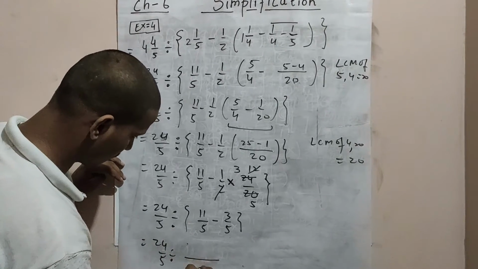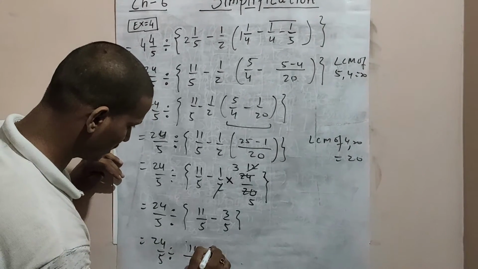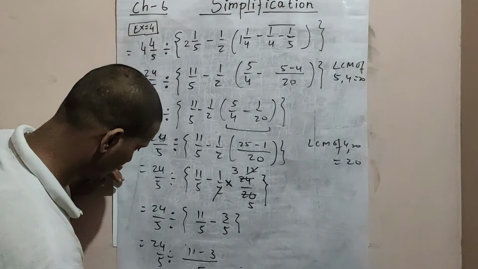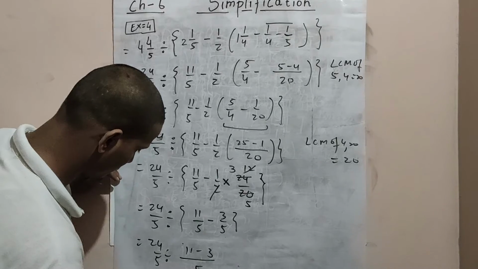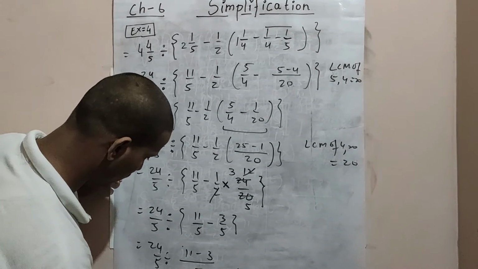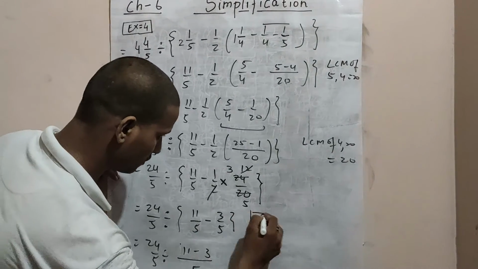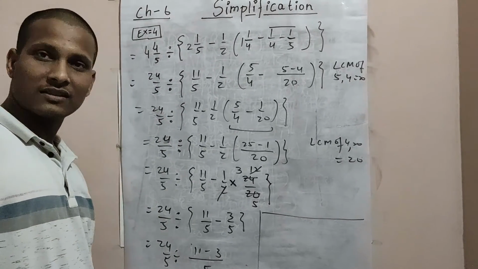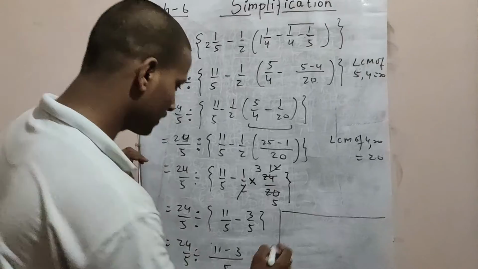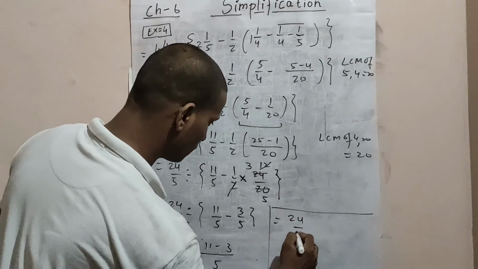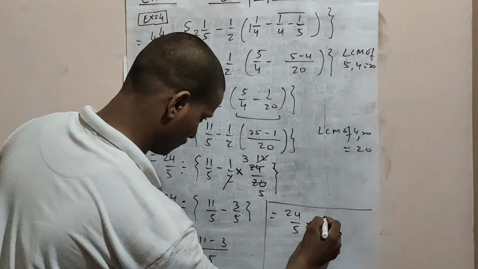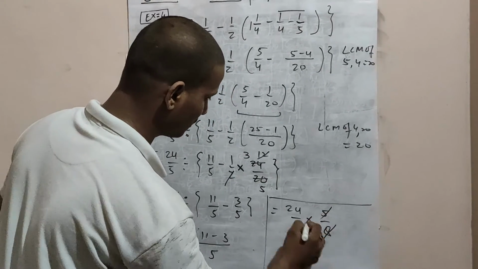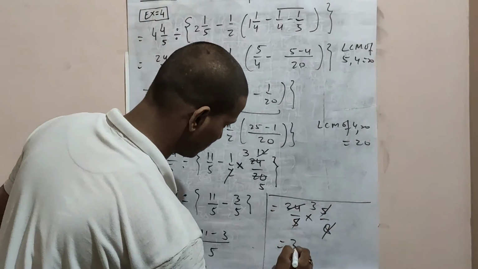Now 5 5 LCM is the same. 11 minus 3. 24 by 5 divided by 8 upon 5. Now we need to again take the reciprocal and change the sign into multiplication. 24 by 5 into 5 upon 8. 5 ones are 5, this cancels out. 8 ones are 8, 8 threes are 24, and our answer is 3.